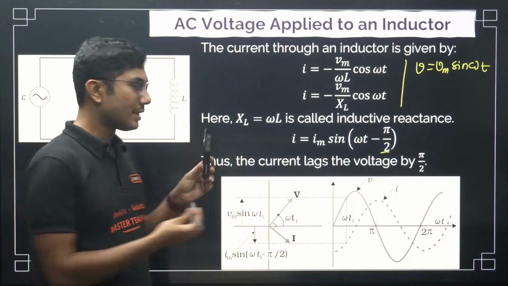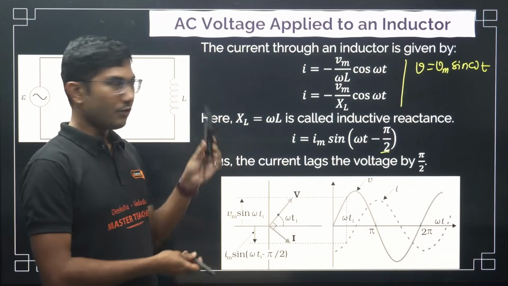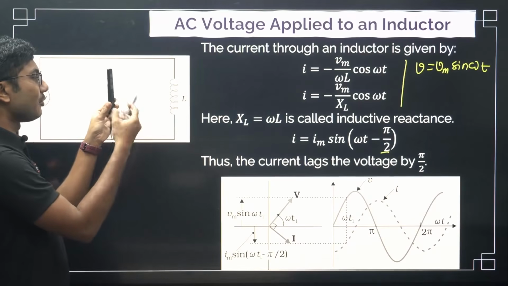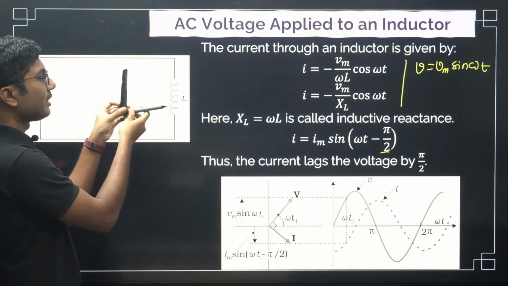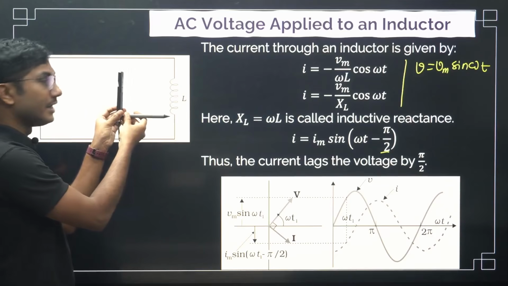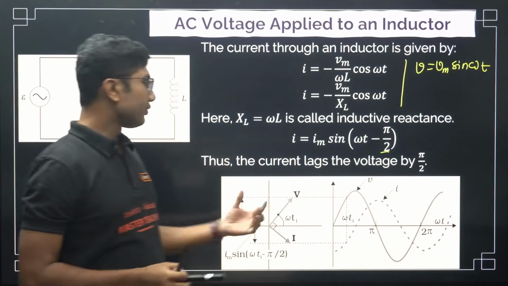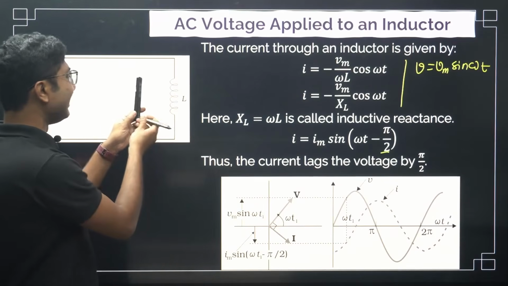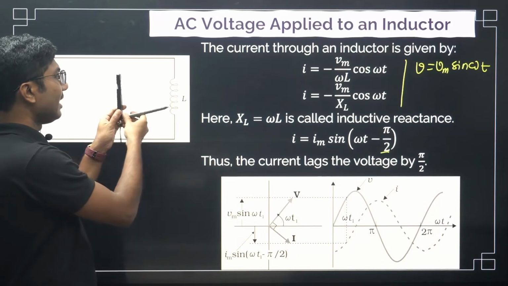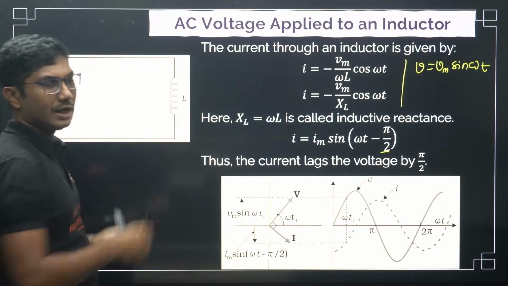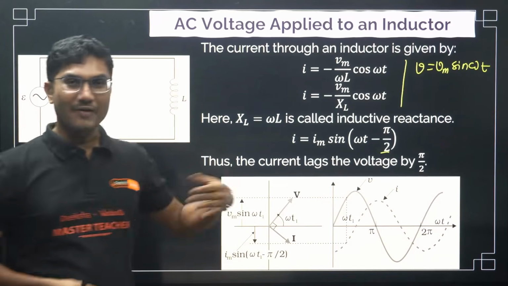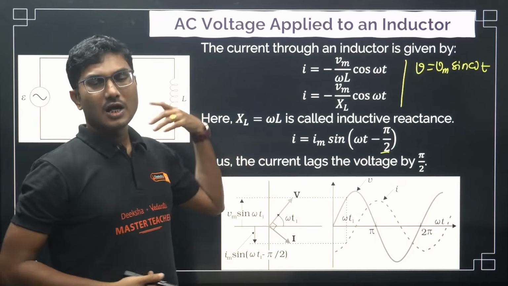Basically, suppose this is voltage and this is your current. They will keep on having this angle of 90 degrees and they will keep on rotating like this. So voltage will always lead, current will always lag. Current is lagging because it is moving after voltage. Voltage is coming first, current is coming next.